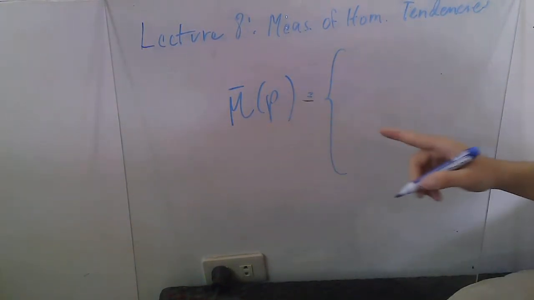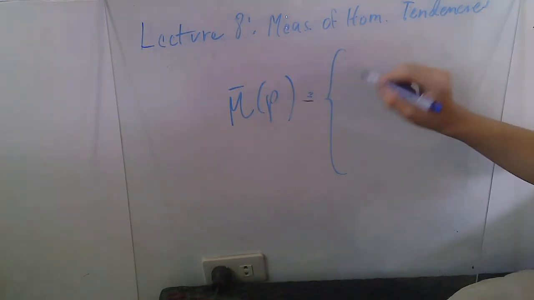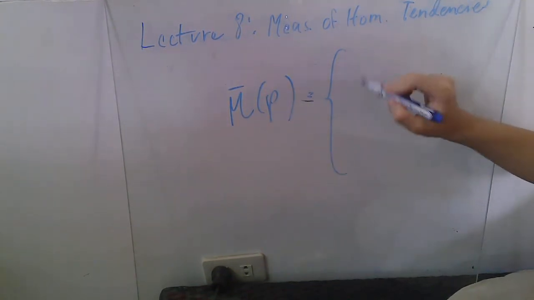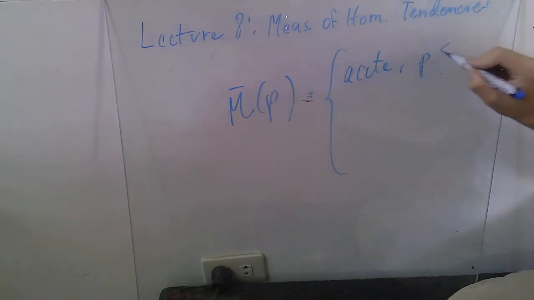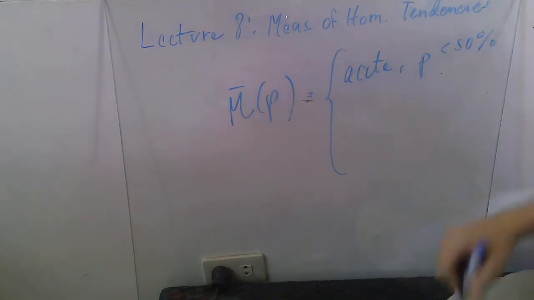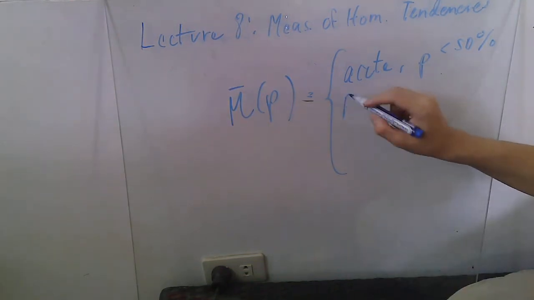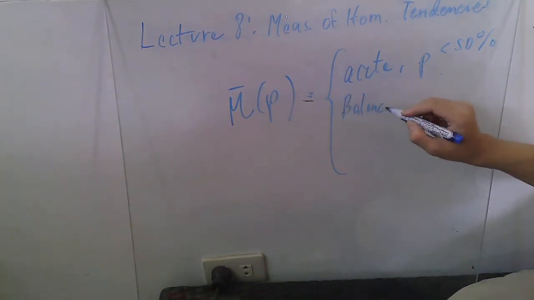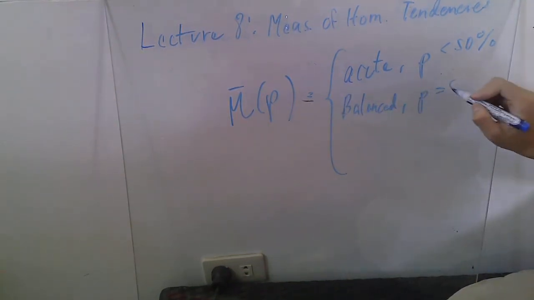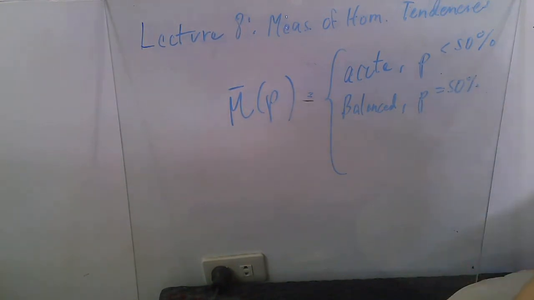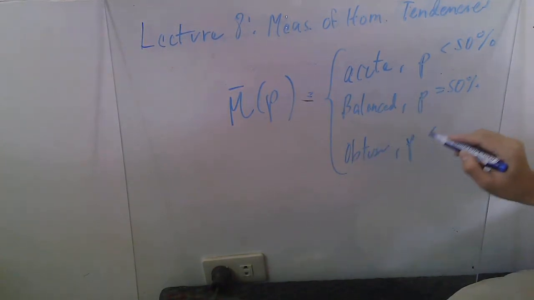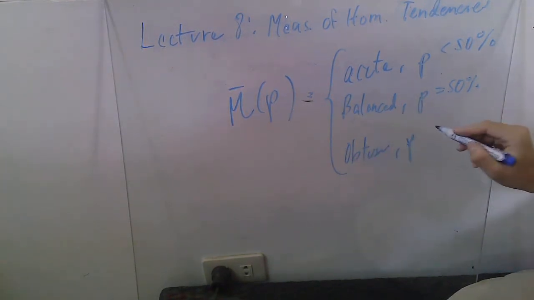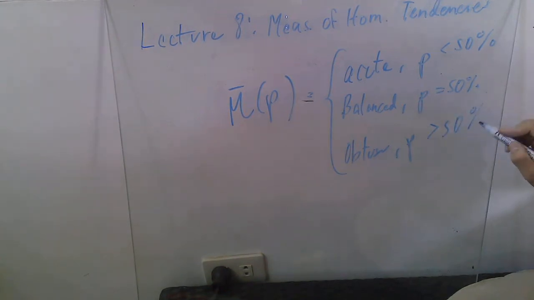So to define mu, if P is less than 50%, this is an acute homosexual. It is a balanced homosexual for P equal to 50%. And lastly, obtuse homosexual for P greater than 50%.